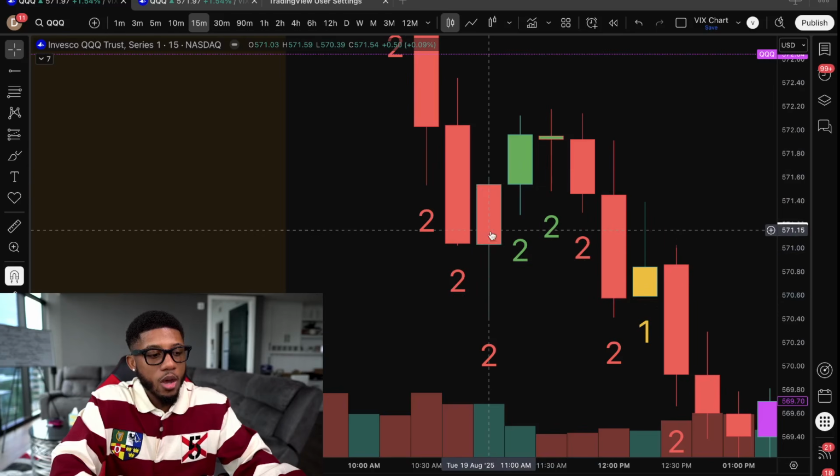Now here's the thing. This candle, yes, it opened and closed higher, but there was more that went on. This candle opened, it broke the previous candle's low, showing that sellers were once in control. And then the buyers stepped back in at this level around 570.40.